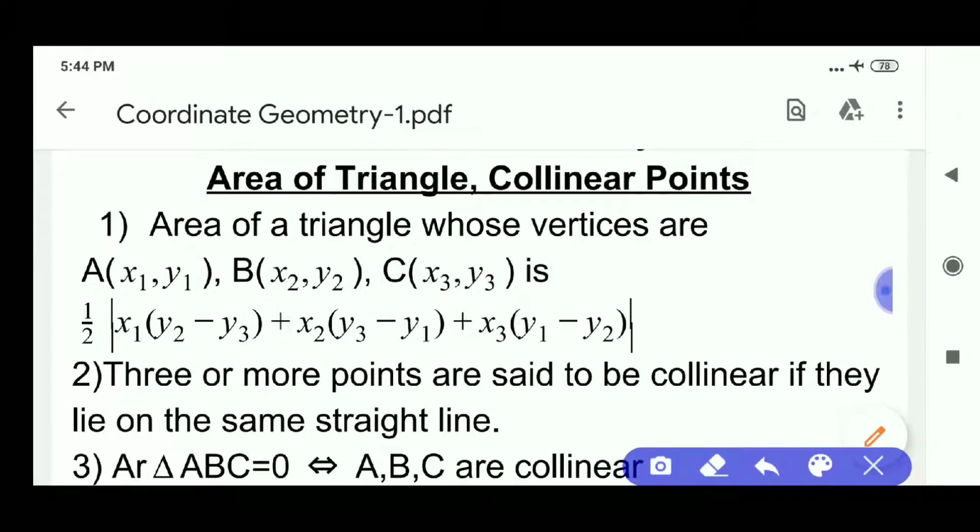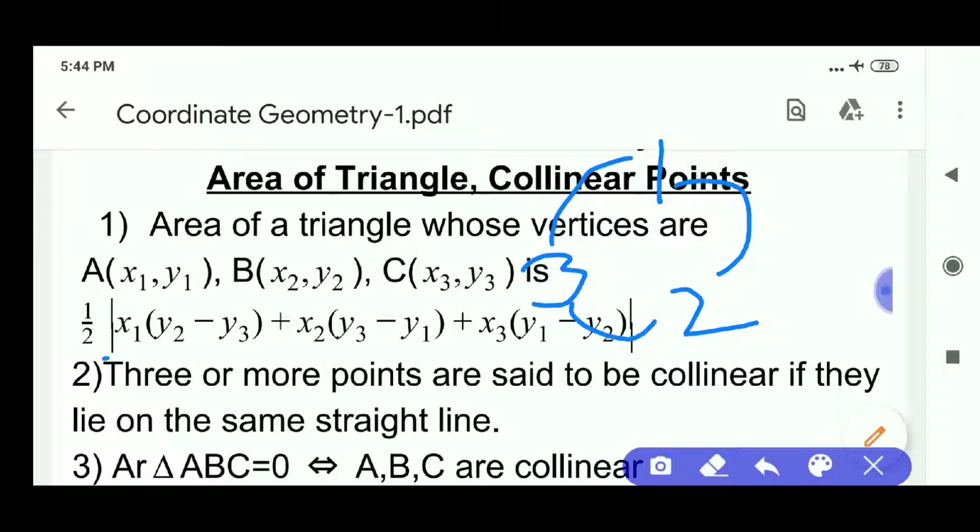Observe here, outside of the brackets are all x, the first one x1, second one x2, third one x3. Inside of the brackets are all y and here is a pattern: 1 after 2 after 3 after 1.